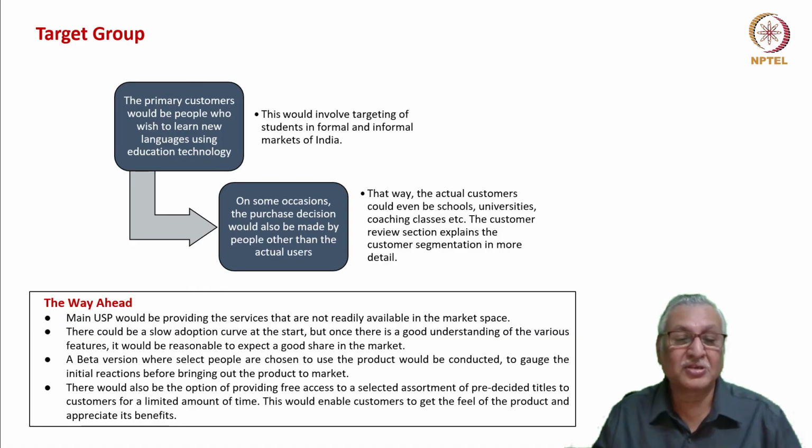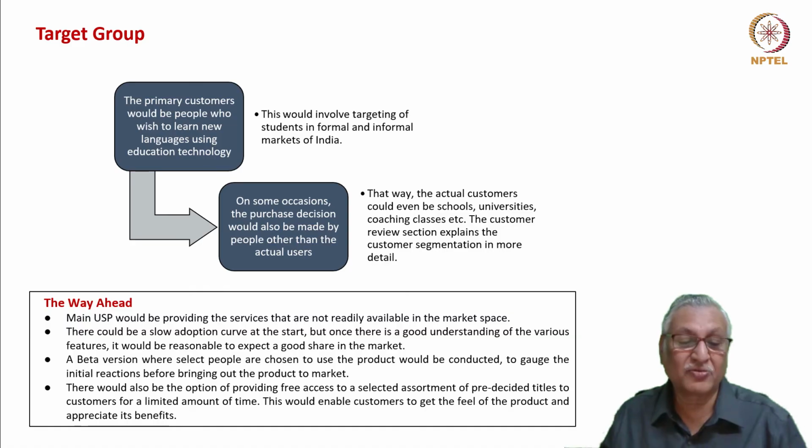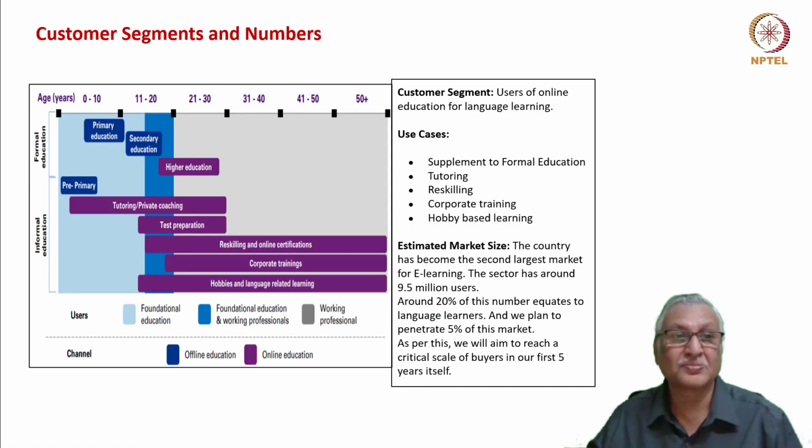In the beta version, select people would be chosen to use the product and they would be conducted through the program, and their initial reactions will be quantified before bringing out the product to the market in a final shape. There would also be the option of providing free access to a selected assortment of pre-decided titles to customers for a limited amount of time. This would enable customers to get the feel of the product and appreciate its benefits.